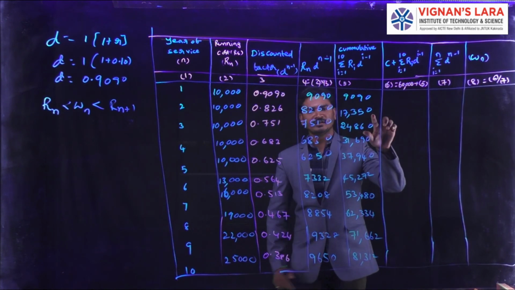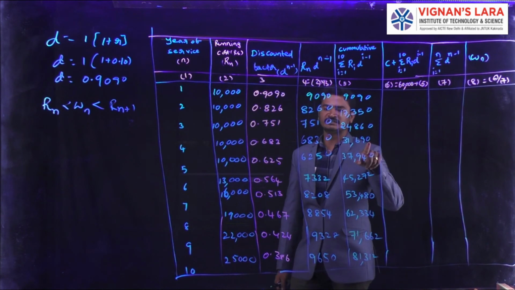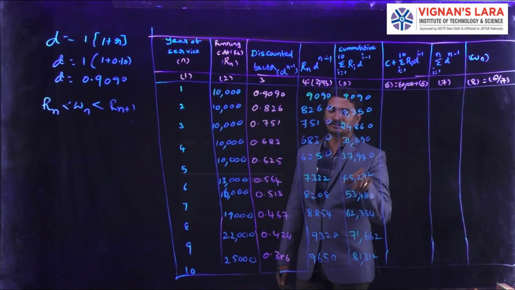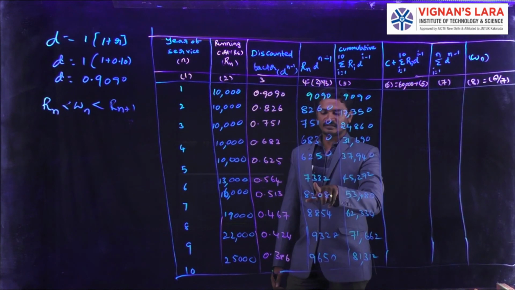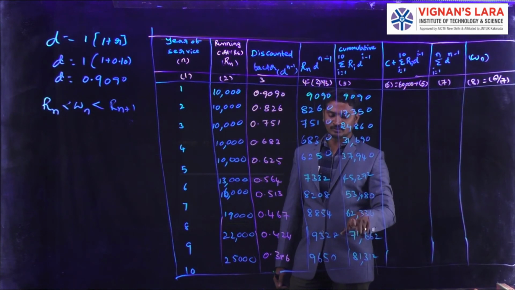Second year 17,350, third year 24,860, fourth year 31,690, fifth year 31,690 plus 6250 is 37,940, sixth year 37,940 plus 7332 is 45,272. Seventh year 53,480, eighth year 62,334, ninth year 71,662, 10th year 81,312.